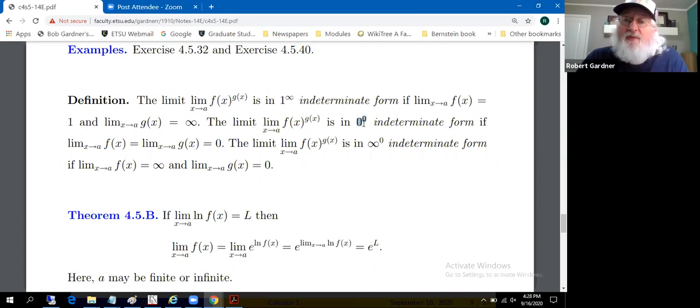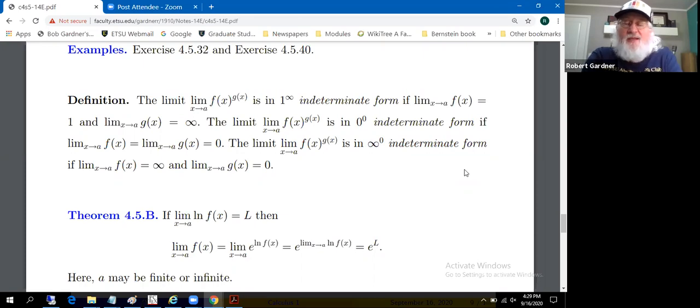At least it doesn't involve the infinity symbol, but it's like 0 over 0. That's not an arithmetic thing either. 0 to the 0 is an indeterminate form of a particular kind of limit. If the f function goes to infinity and the exponent function goes to 0, it's an infinity to the 0 indeterminate form. All right, so there's your bunch more indeterminate forms.